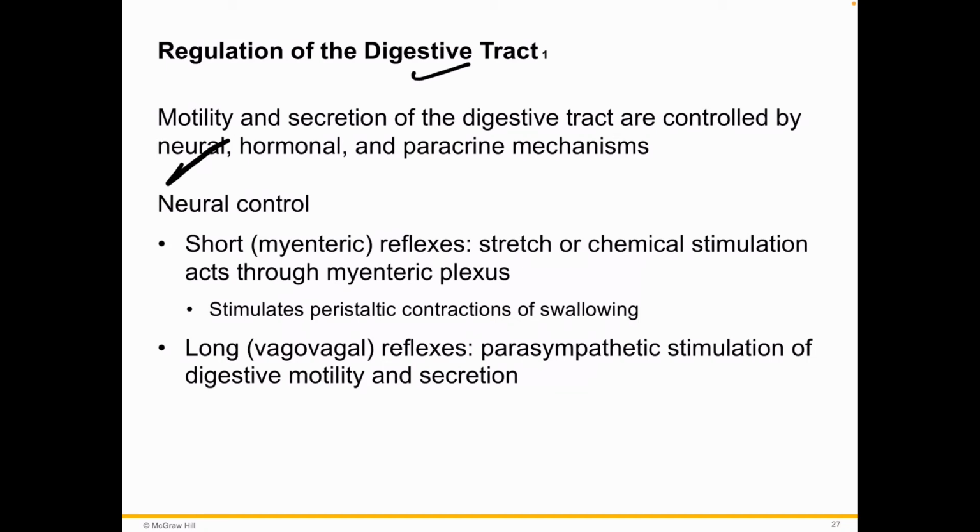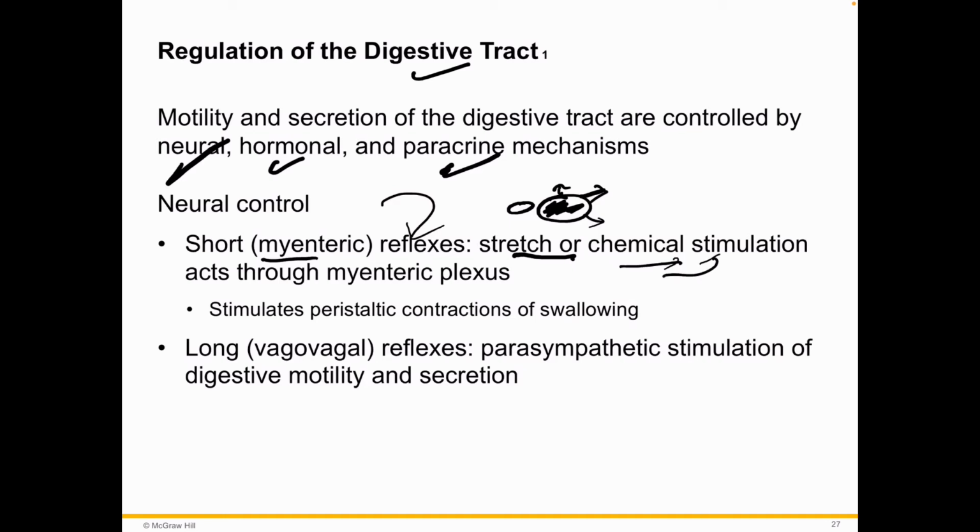Some of them are neural, some are hormonal, and others are paracrine mechanisms, which we'll get into. Neural control itself is basically a type of reflex. We call them the myenteric reflex. So they're the short ones. These are going to be stretch or chemical stimulation, meaning we're sensing food there because we used to be small, but now there's a food bolus in there, so we've stretched in different directions, and that's the stretch sensation.